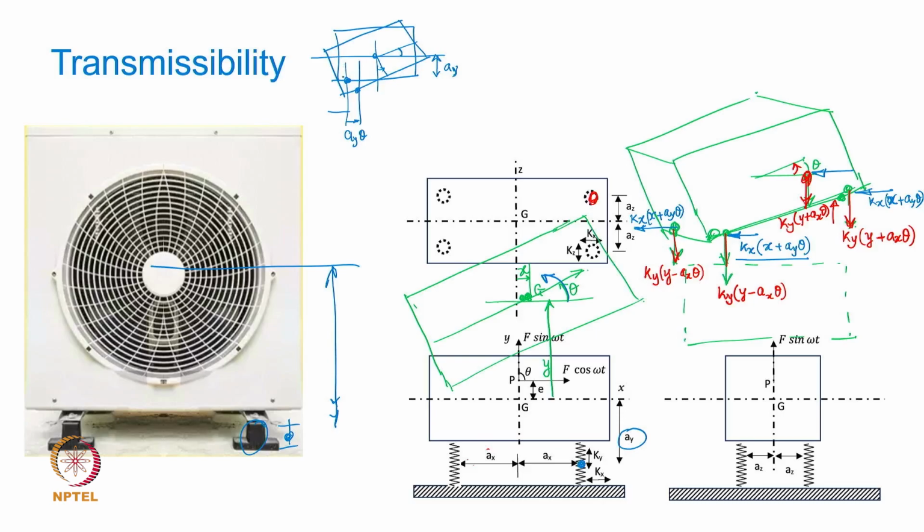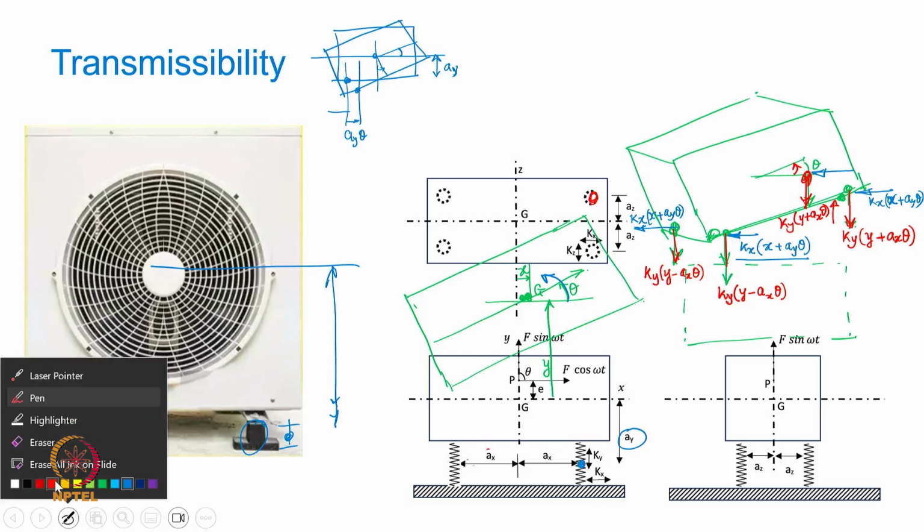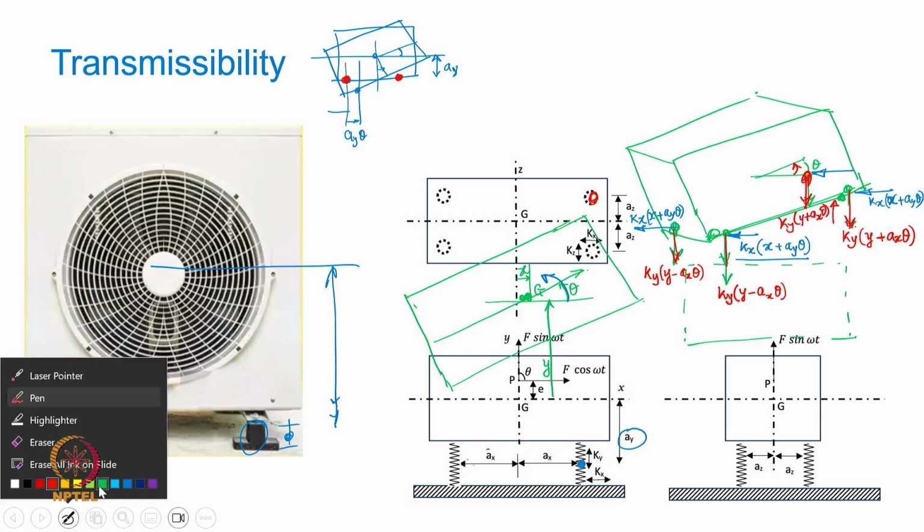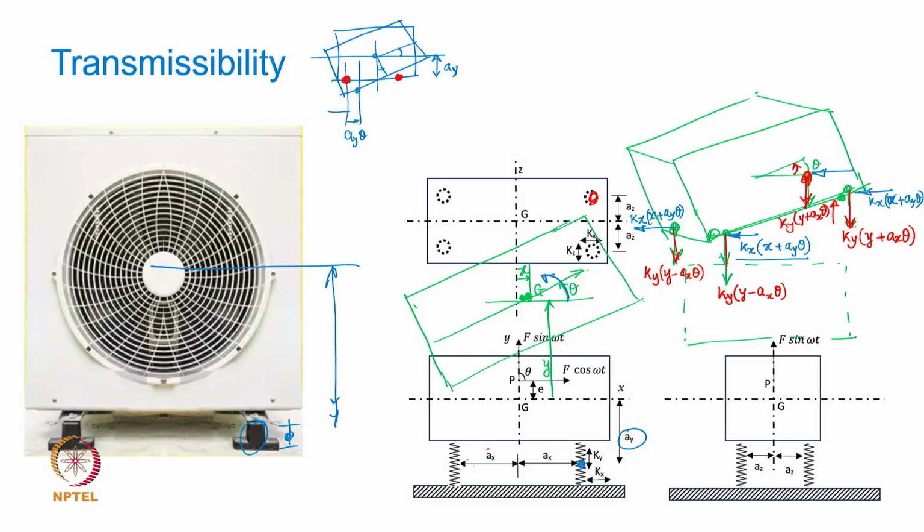You agree that this is the original point of contact of the spring. Now when you tilt it, this point is shifted here, and this point is shifted here. If you are looking at the stretch in the x direction, in both these cases the stretch is going to be positive with respect to the original position.